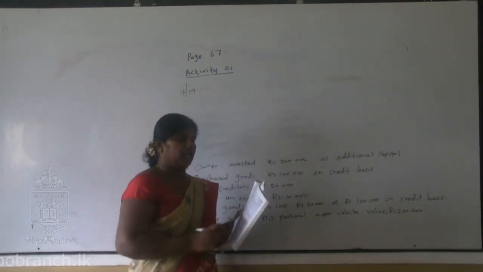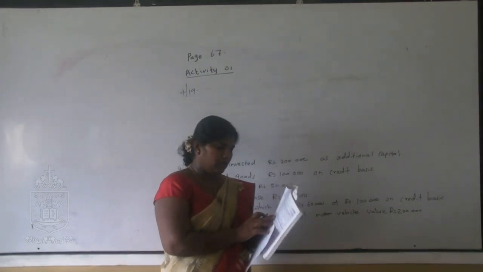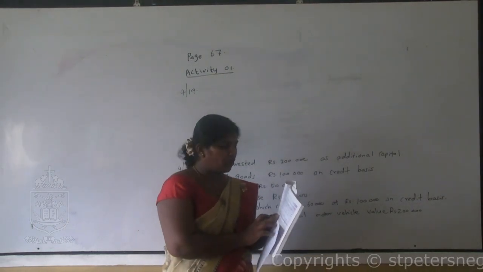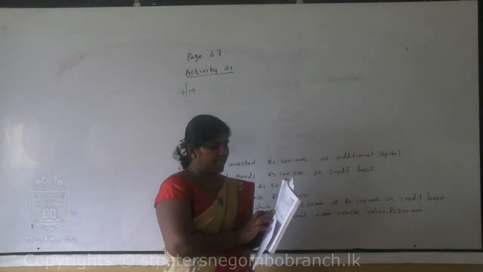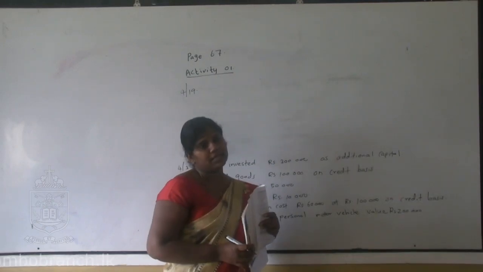Stock decrease, equity decrease. That means here you should consider the stock decrease means it has not sold. Okay. Here you should consider it as he used this value of stocks for his personal use.